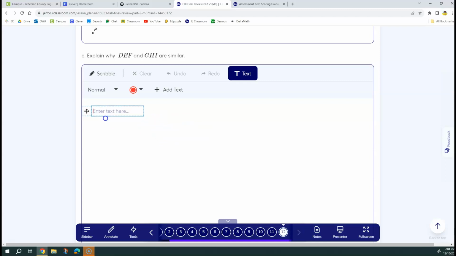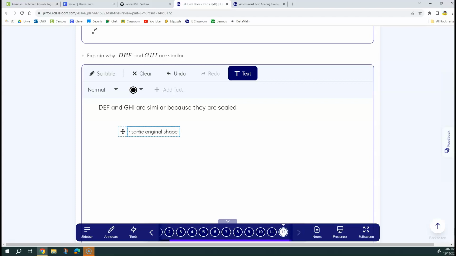Well, why are they similar? DEF and GHI are similar because they are scaled from the same original shape.